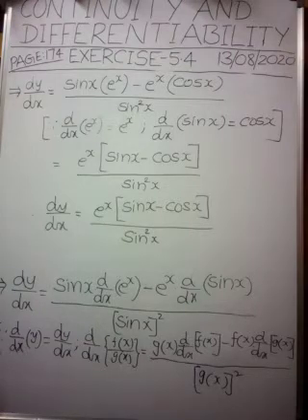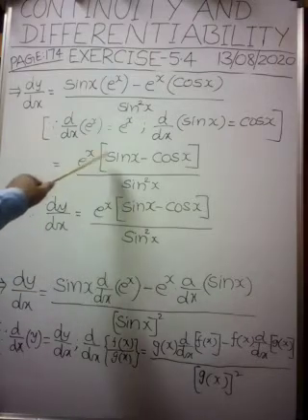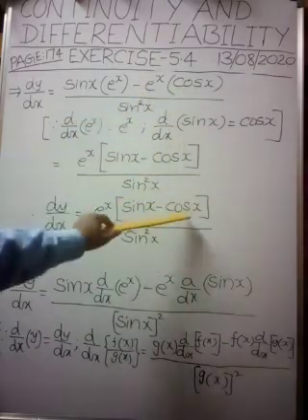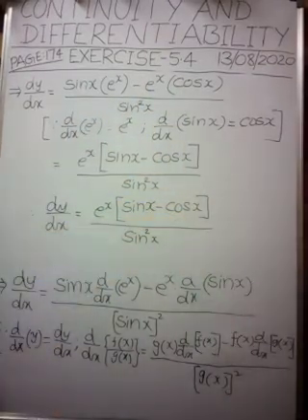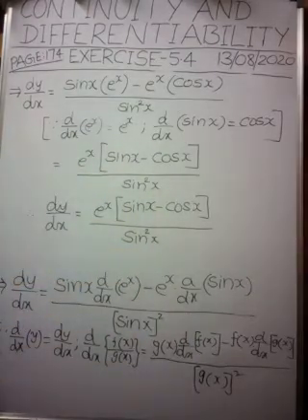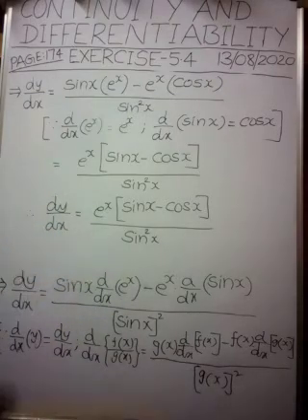So I am taking out the common factor e power x. So e power x into what will you get here? Sin x minus cos x. Understood the numerator part, my dear children? Whole divided by sin square x. This is the value of dy by dx. Understood, my dear children?